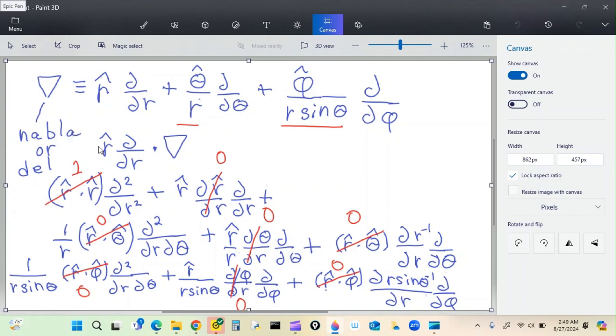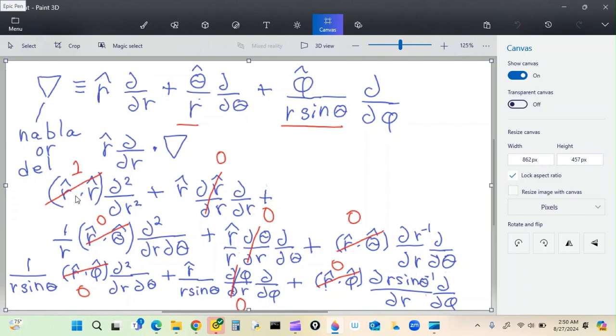But I'm going to take this quantity here, which is on our way to finding the second derivative. We're going to look at the r operator times the partial with respect to r times this nabla operator. Now, if we look at this, that's going to be r operator times r operator.